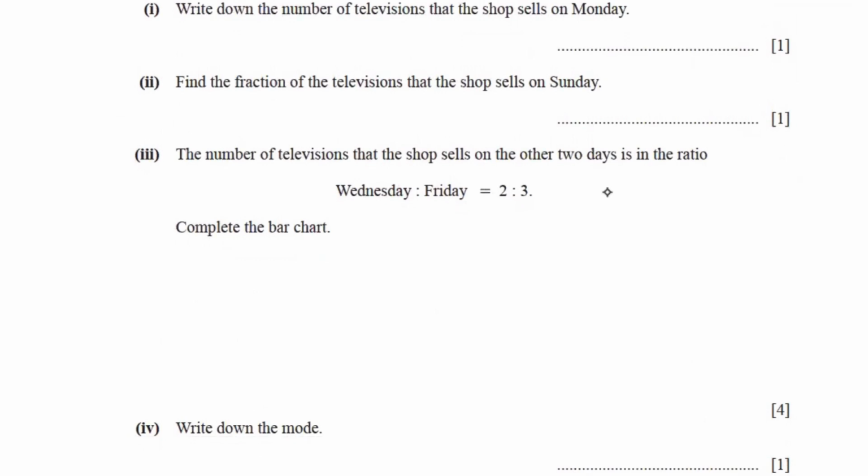So now we're going to use this number to figure out how many were sold on Wednesday separately and Friday separately. So for Wednesday, we will write 2 over 2 plus 3 times 20. The numerator is the number that's assigned to Wednesday in the ratio, and the denominator is the sum of the values in the ratio.